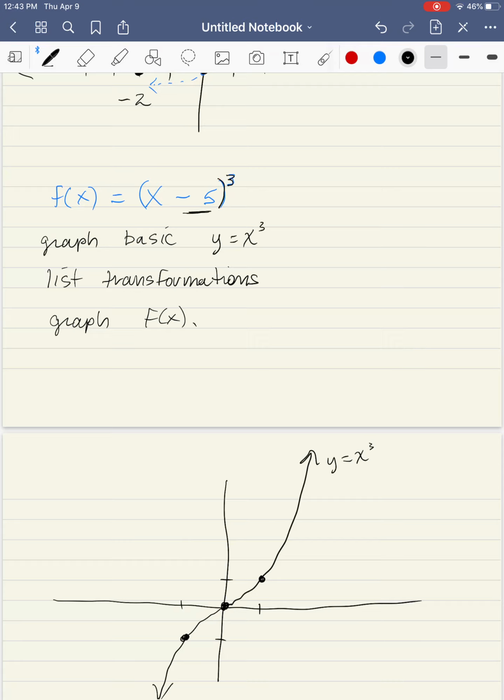Now I list my transformations. I have a minus 5 inside of the parentheses here, inside of the function. So that means that I go right 5 units. And then I can take each of these ordered pairs, move it to the right 5 units.